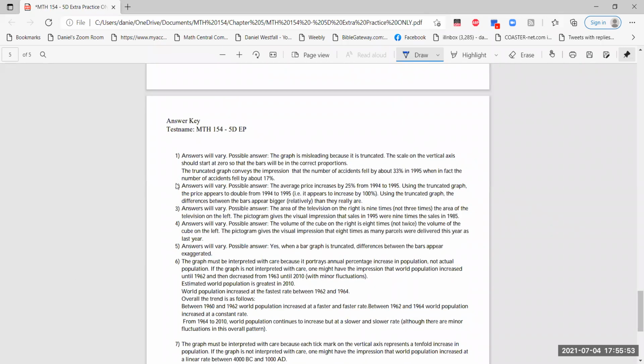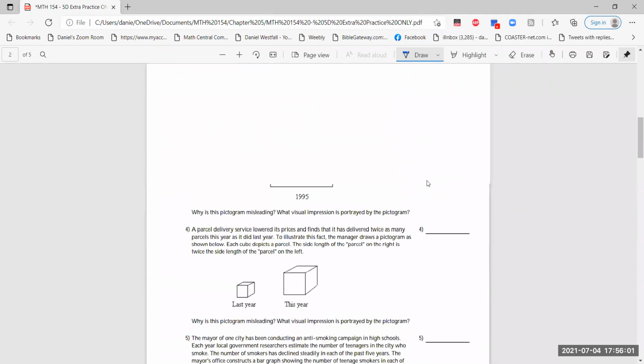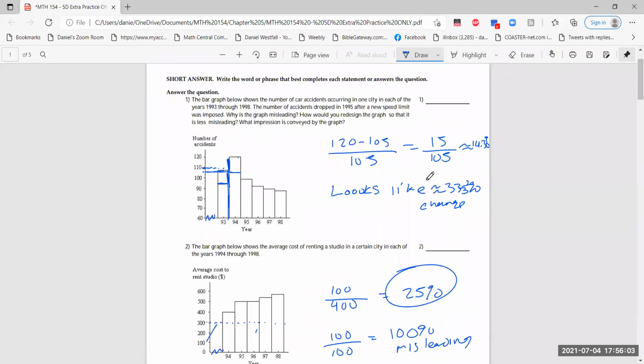They say it's about a 17% change actually, and it looks like a 33% change. So I didn't do bad in calculating it. They say that this is about a 17% change. Was I going to figure out that it was exactly a 17% change without looking at the answer key? No. Okay.